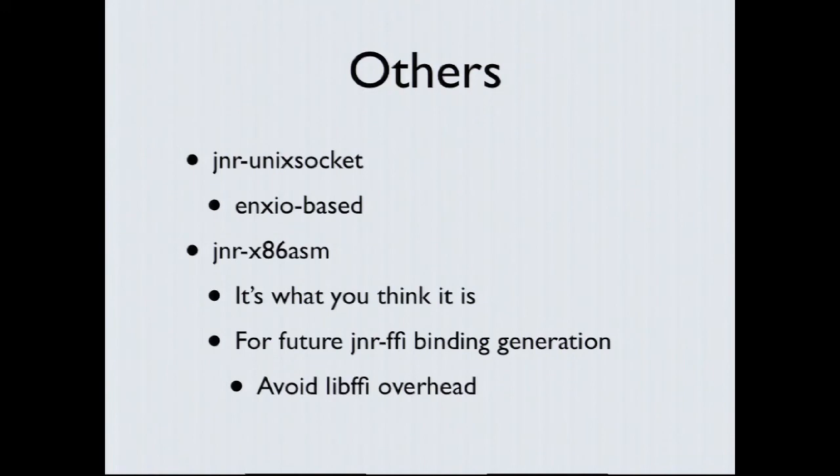We're using this right now, or jnr-ffi is using it right now, to basically avoid the overhead of libffi, marshalling arguments across, making sure calls wire up correctly. We do it once in assembly, and then we use that code instead.